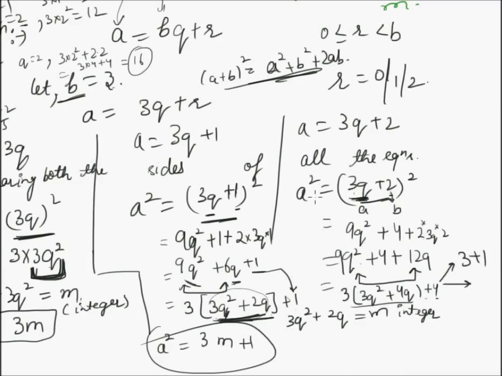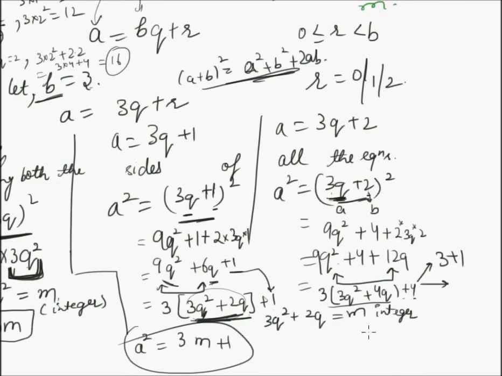So all in all, this equation will become a square is equal to 3q square plus 4q plus 3 plus 1. Again, this 3 can be accommodated inside these brackets by taking 3 common, because this 3 can be expressed as the product 3 into 1. So we will get 3 into 3q square plus 4q plus 1, and plus 1 outside the brackets.